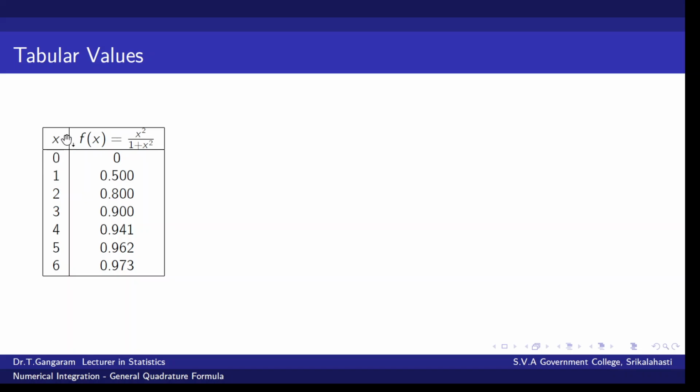Then by substituting, f of x naught is equal to 0 here, f of x1 is equal to, by substituting, 1 square by 1 plus 1, 1 by 2, is equal to 0.5. Like that, we need to construct the x and y values by using the function.